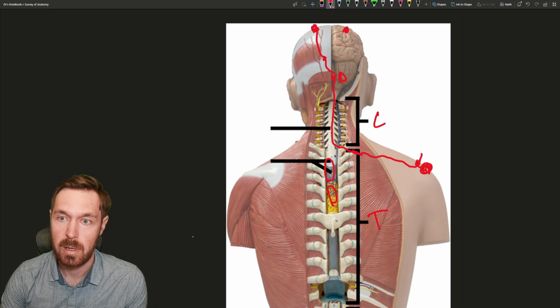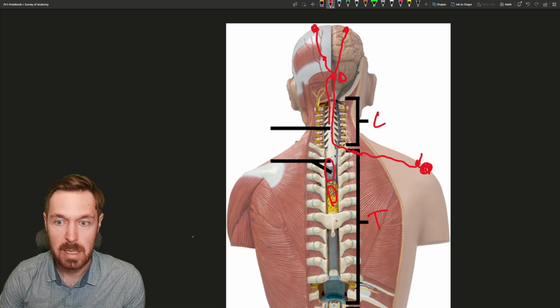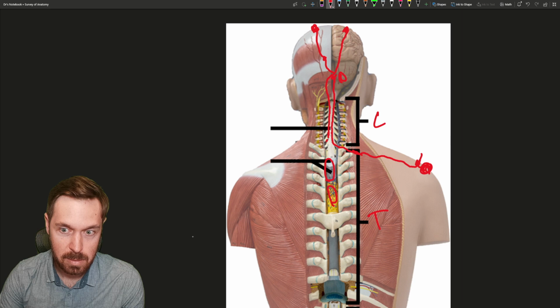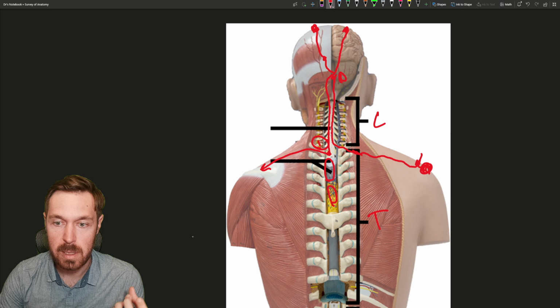If we have a motor output initiating here, coming down, it crosses over, typically in the medulla oblongata, in these areas called decussation of the pyramids. It then travels down and can synapse at the level it's going out, and then go out and cause a muscle to contract. So usually it's two up and only one synapse.